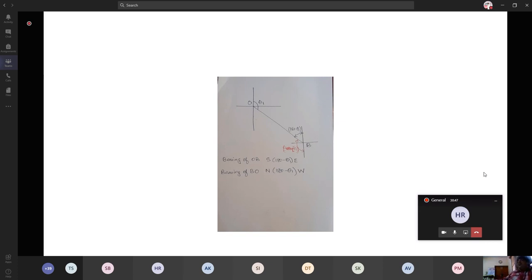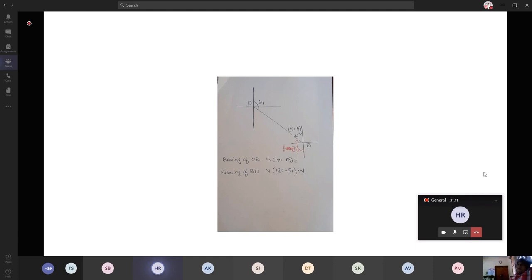What is the bearing of a line BA in a reduced bearing system? Work it out. South 21 west. Wonderful.